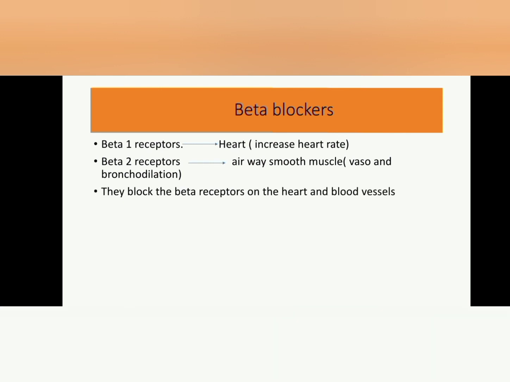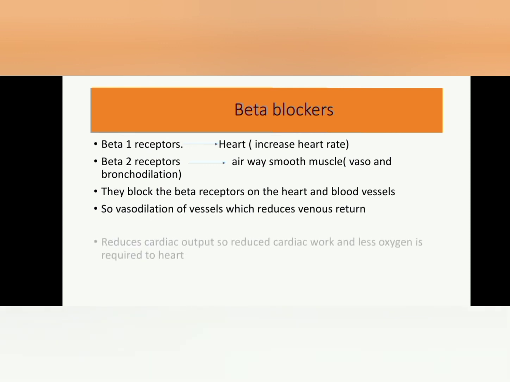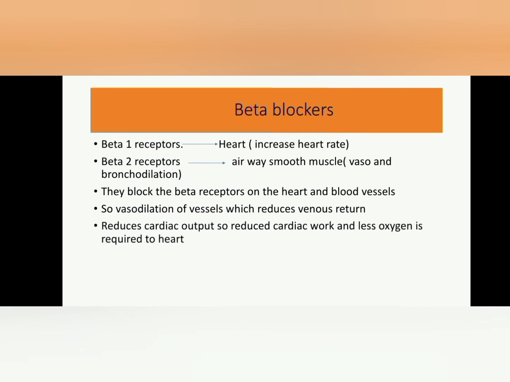Beta blockers block the beta receptors on the heart and blood vessels. So vasodilation of vessels, which reduces venous return and reduces cardiac output, because when venous return is reduced, cardiac output will be reduced. So when cardiac output is reduced, cardiac work will be reduced and less oxygen will be required by the heart.